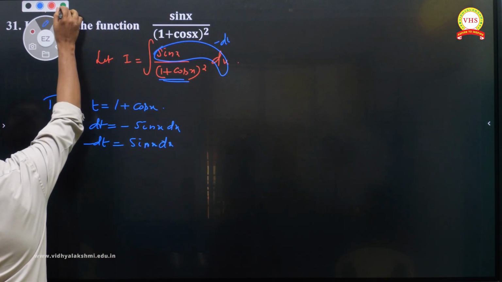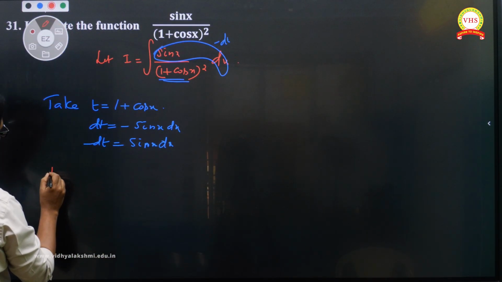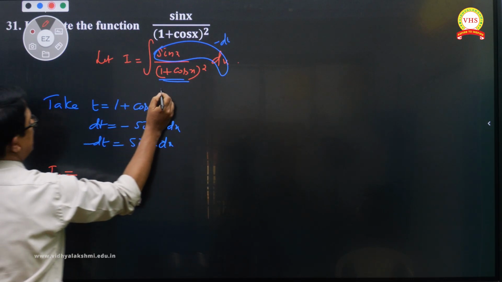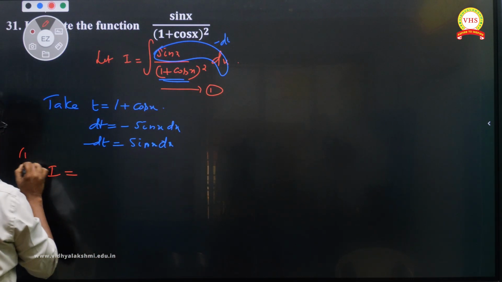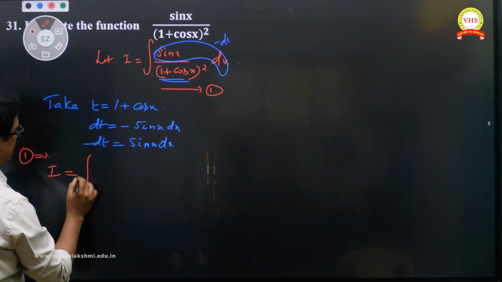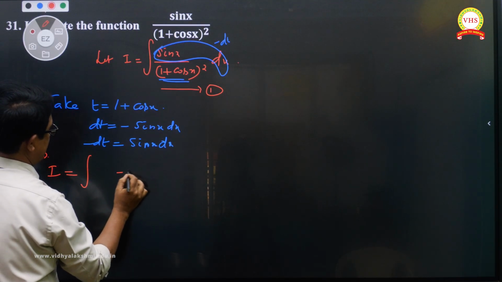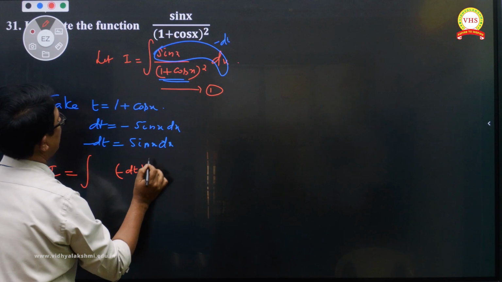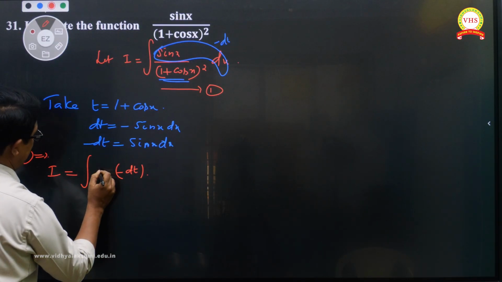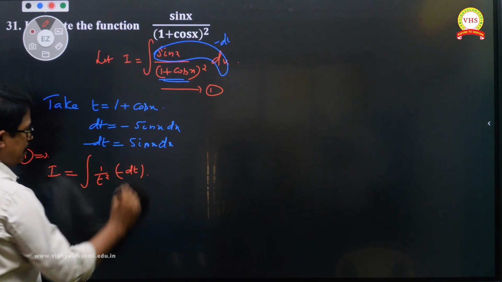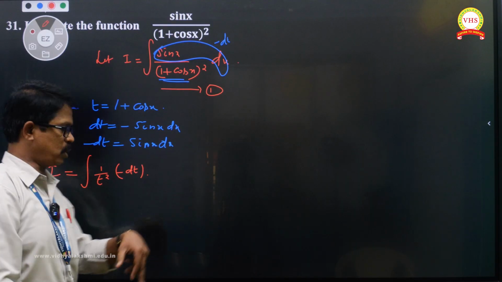Now what does the integration become here? I equal to, we may call this equation number 1. Then I equal to integral of minus dt, because of sin x dx, and finally 1 by t square. In the previous sum it was 1 by t, now it is t square.